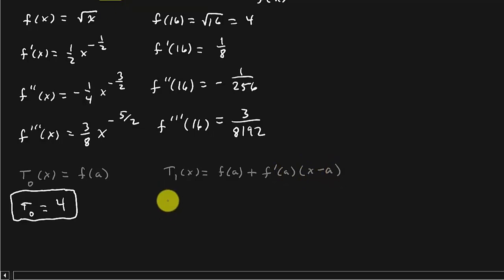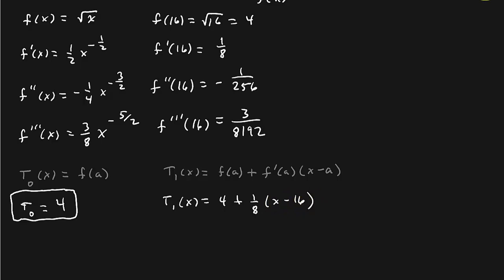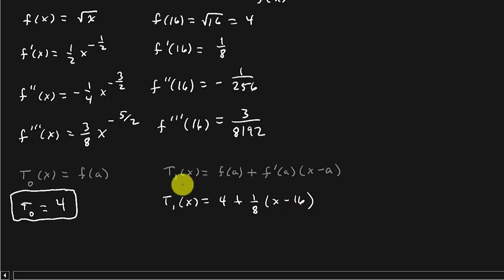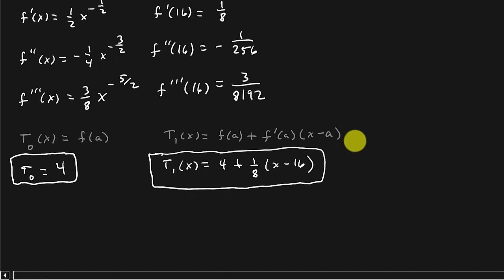So t1 of x is equal to, well, f of a is 4, plus f prime of a, which is 1/8, times x minus 16. So this is t1. Now let's find t2.